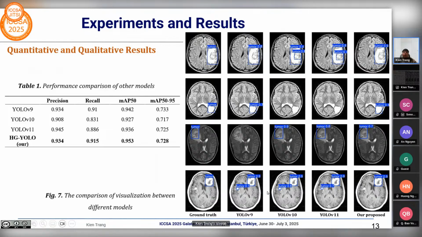For the third sample, YOLO version 9 fails to detect, but the others detect correctly. And for the final case, only our proposed model shows advanced detection by placing the correct bounding box, and the other ones have one wrong detection for the smallest mass here.